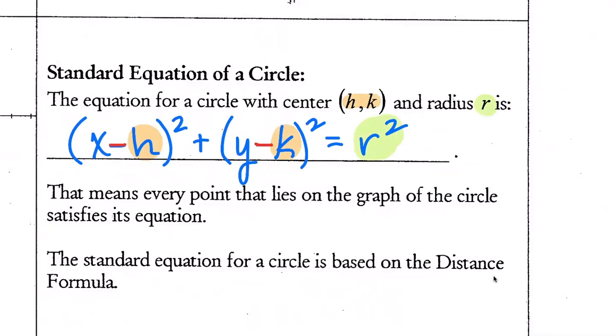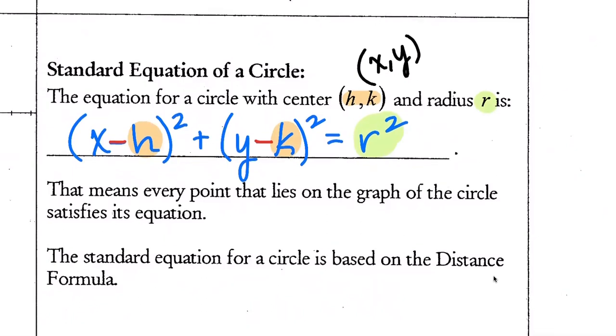Now, this is basically the distance formula. If you find the distance between a point h, k that is the center of the circle and then a point x, y that lies on the circle, you could say the distance between them would be the radius, right?